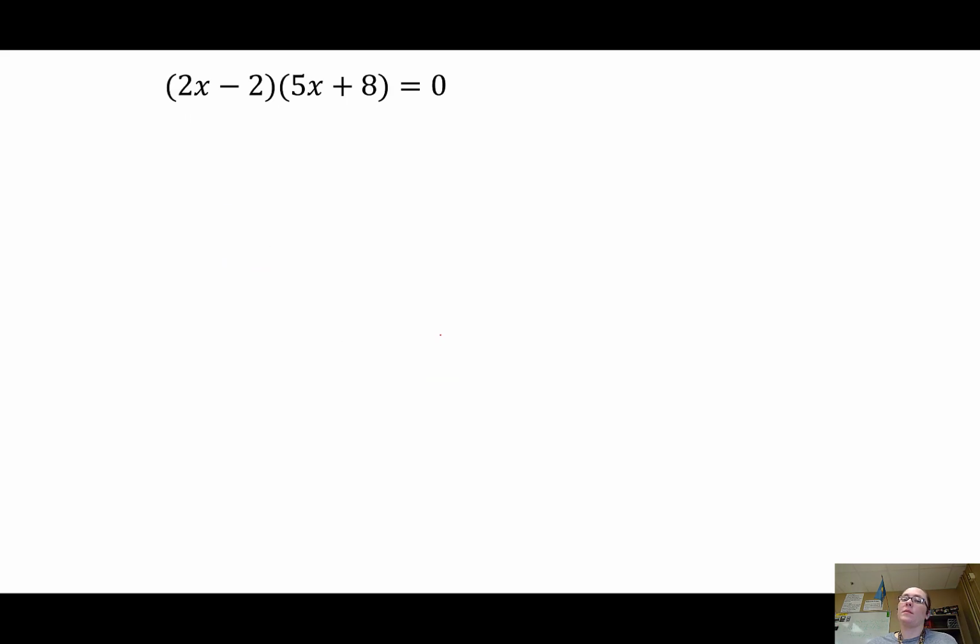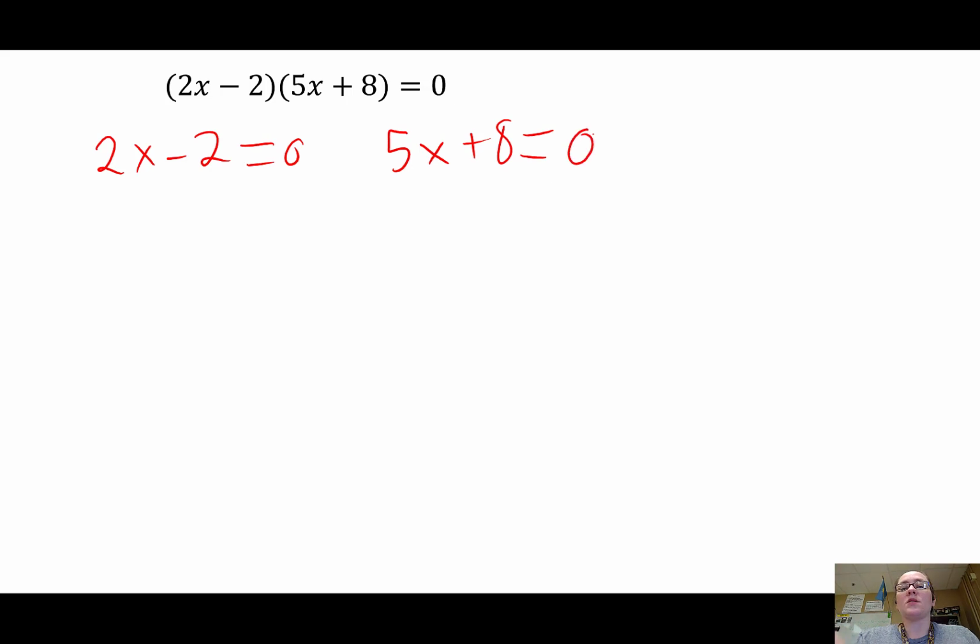Okay, so let's look at another one. Got 2x minus 2 times 5x plus 8 equal to 0. So I get 2x minus 2 equals 0, or 5x plus 8 equals 0. Now this one takes a couple more steps just because we've got a coefficient in front of x. So add 2 to both sides here, giving me 2x equals 2.